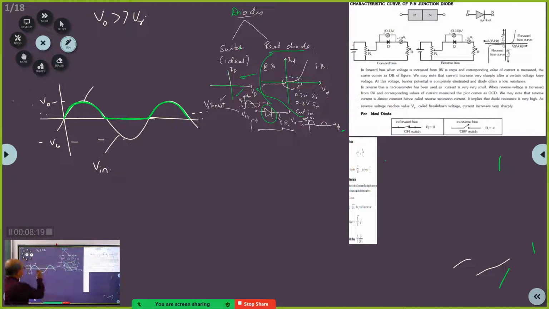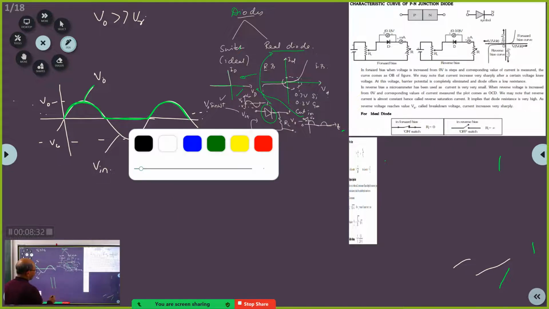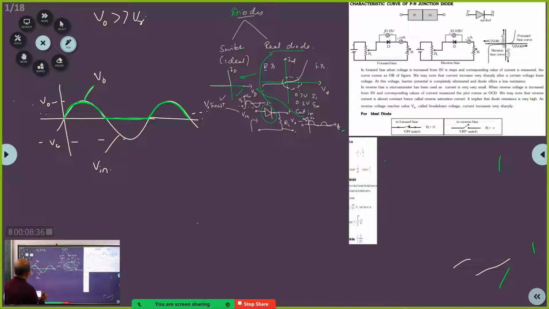So this green line indicates the ideal case. Now if you consider the diode to be real, definitely you are not going to get this waveform. Why? Because here, say this point is 0.7 volts.